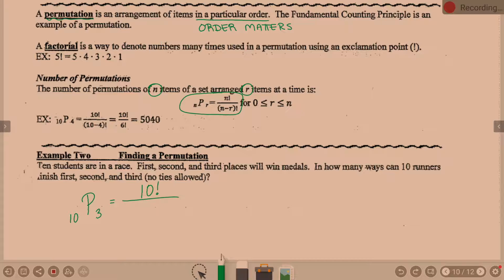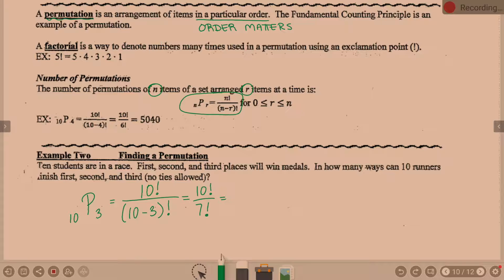So what am I going to do in this case? (10 minus 3 factorial). Well, 10 factorial is going to stay 10 factorial for a moment. What is 10 minus 3? 7. So this is 7 factorial.